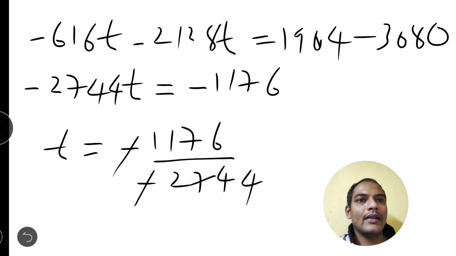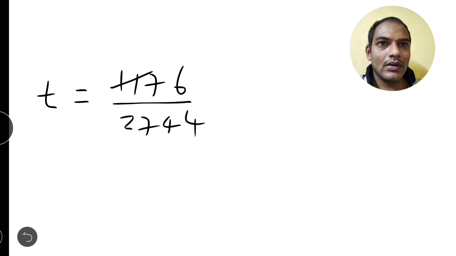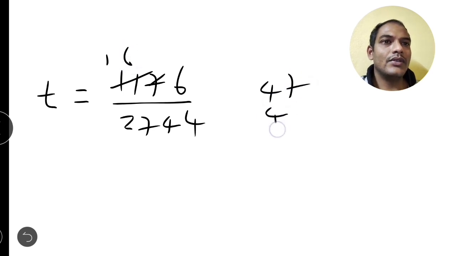Now let us do the calculation. 1176 by 2744. So let's simplify. Both are in the 7 table. 7 ones are 7. What is the remainder? 4 is the remainder. Next digit 7, 47. 7 6s are 42.